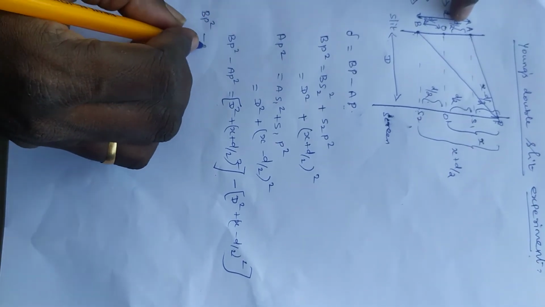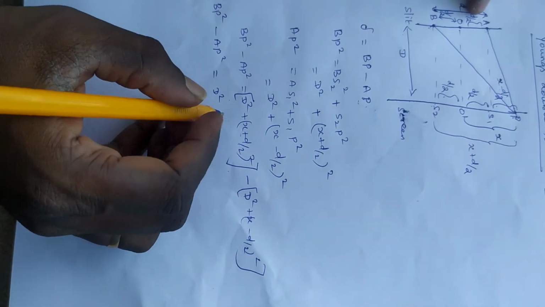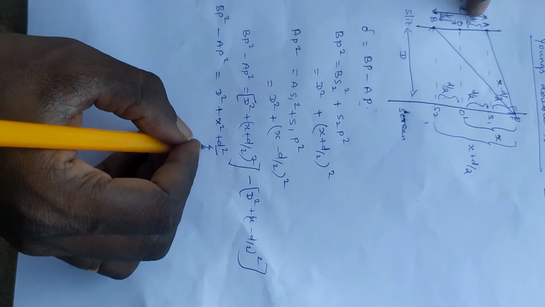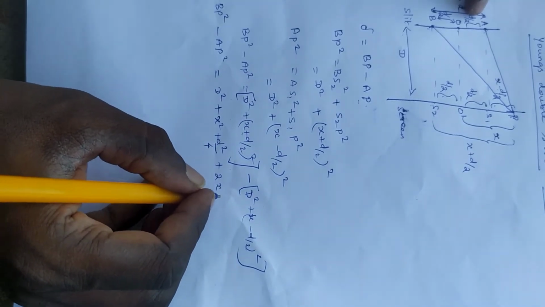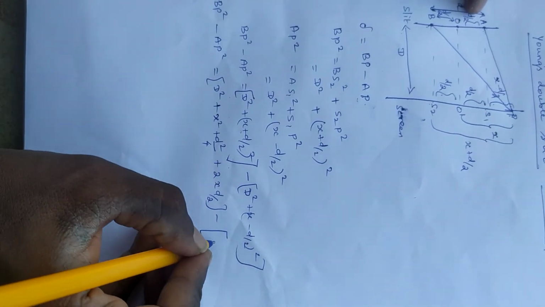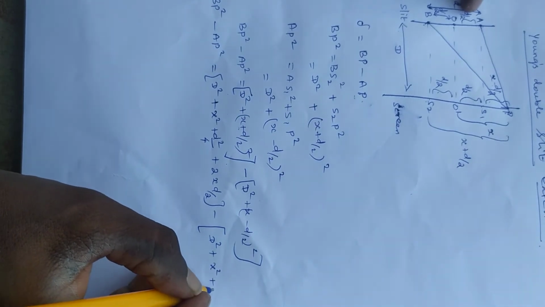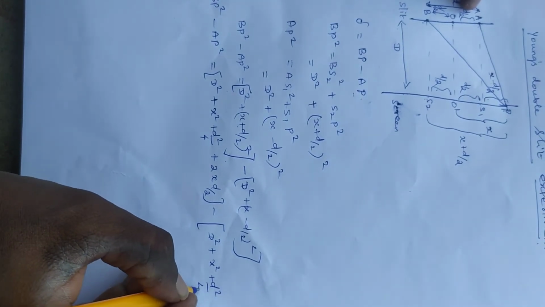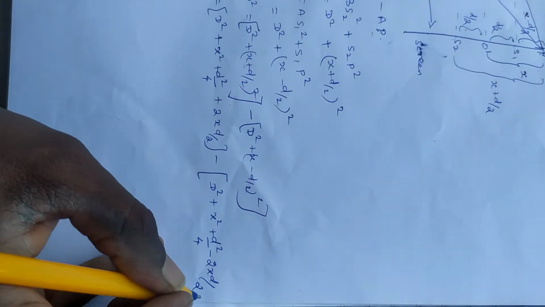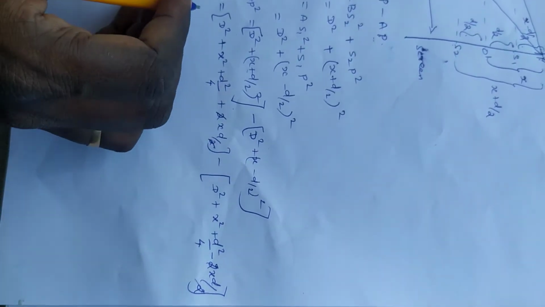Then BP squared minus AP squared is equal to D squared, apply a plus b the whole square. So x squared plus d squared by 4 plus 2 times x times d by 2. Then minus D squared, apply a minus b the whole square. So x squared plus d squared by 4 minus 2 times x times d by 2. So the 2s cancel.